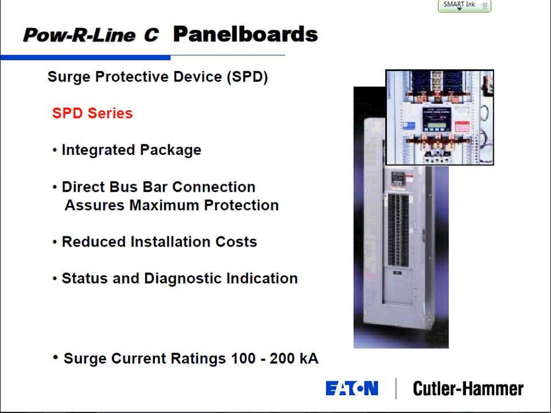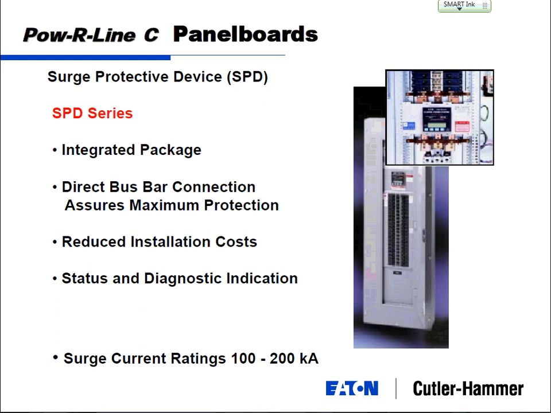We mount it directly in the panel board and directly on the bus, and that's the best design because for transient protection, if you have cables tied to the bus, every inch of cable increases the let-through voltage by 20 volts. Without getting too deep here, mounting it right on the bus basically lets you use your published let-through voltage.